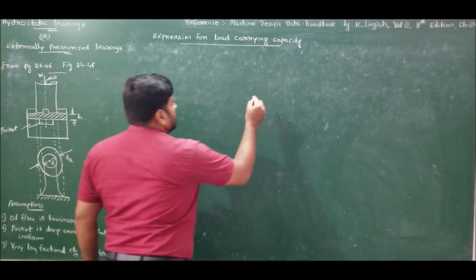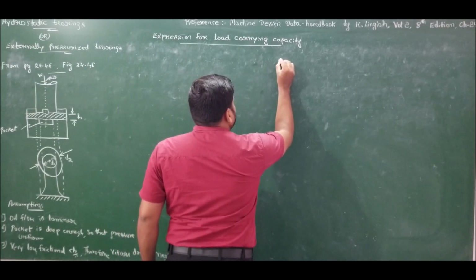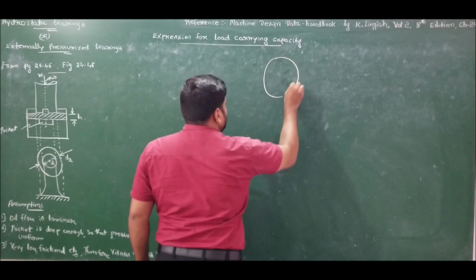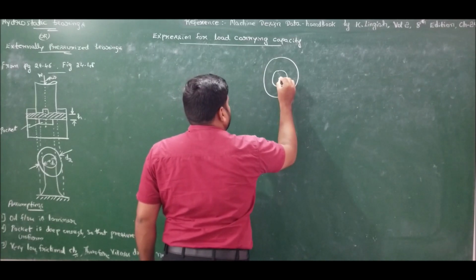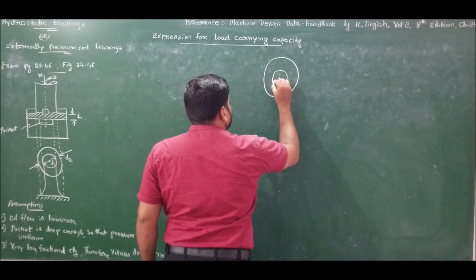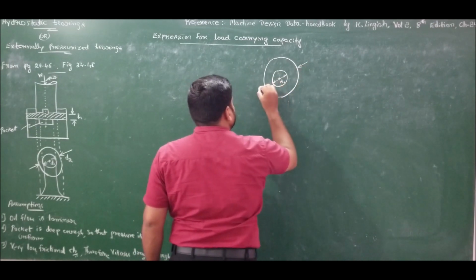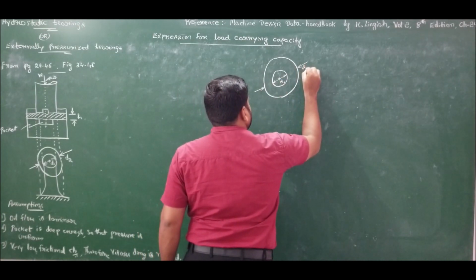Now if I draw a 2D sketch of it in the top view, indicating the diameters of the pocket as well as the shaft, we know that this is the diameter of the pocket, denoted by D1, and this is the diameter of the shaft or journal, which is denoted by D2.